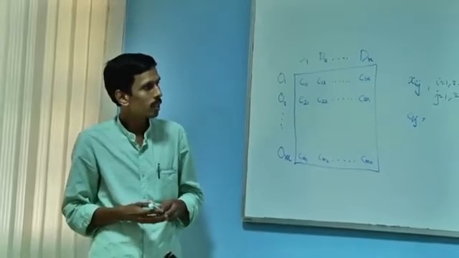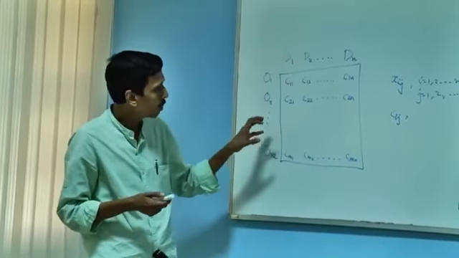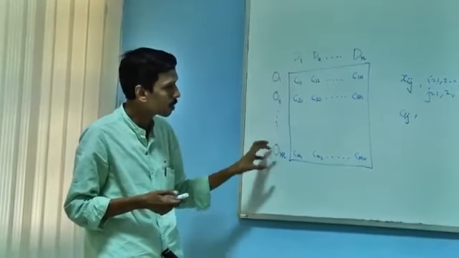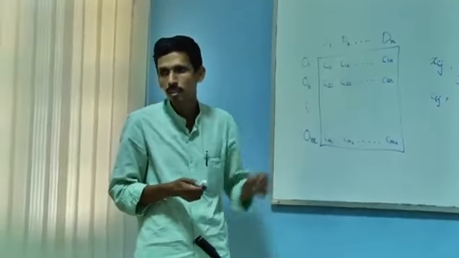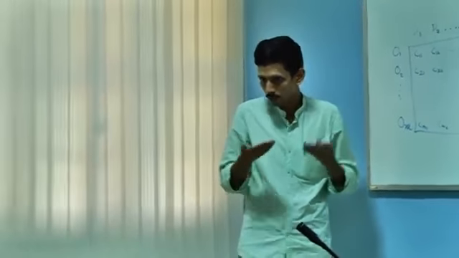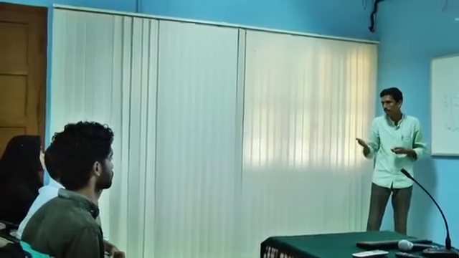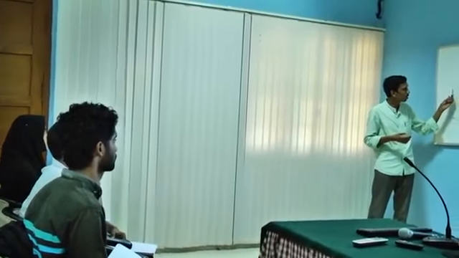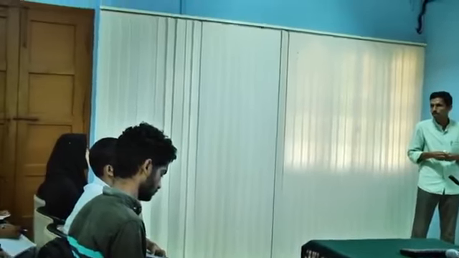Now the problem is, we want to find out how many units are to be transported from each origin to different destinations. Again, there will be some limitations, some constraints, just like in a linear programming problem generally. The maximum number of units that can be produced at origin 1, let us denote it as A1.